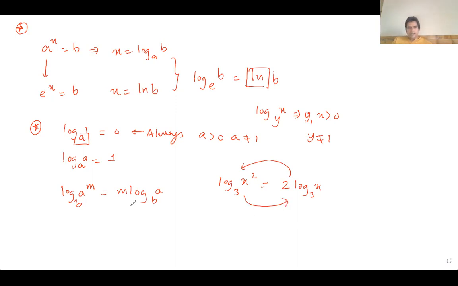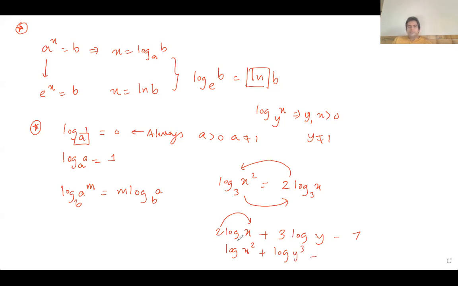Now, if you look at a simple example, let's say you got 2 log x plus 3 log y minus 7. If I wanted to write this as a single log, you're going to throw this first thing up on the power. This becomes log x squared plus log y to the power 3.